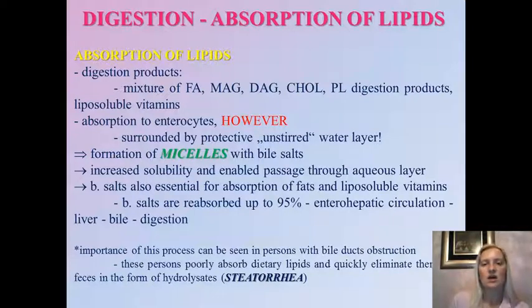So emulsification is not going to be completed in the right way, and even those lipids which are digested cannot be absorbed because there are no bile salts for formation of micelles. So those persons are going to quickly eliminate both undigested and hydrolyzed lipids by the feces, and it is known by the term steatorrhea or fatty feces.